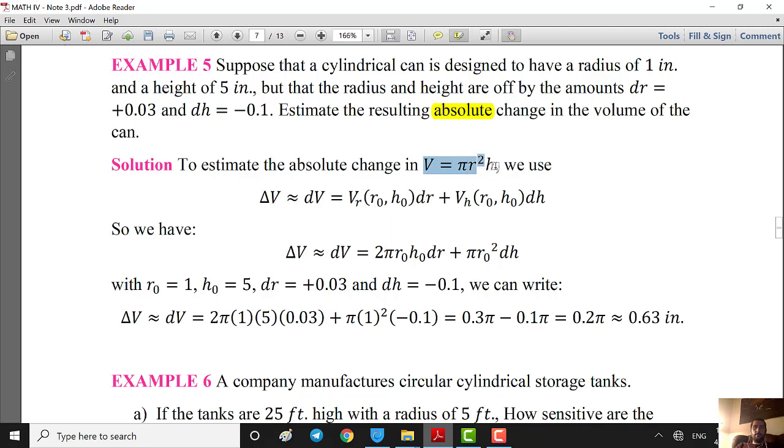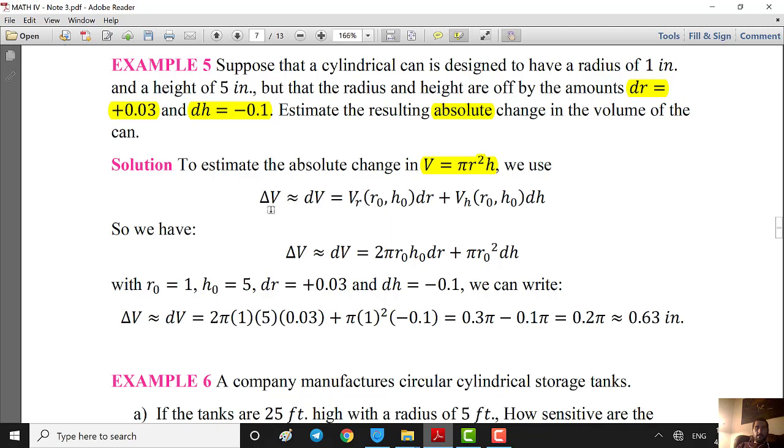Now, here, the meaning of the example is that the function v, which depends on two variables r and h, has experienced a change in r, which is this big, and a change in h, which is this big. Now, the question asks, what is the resulting change in v?